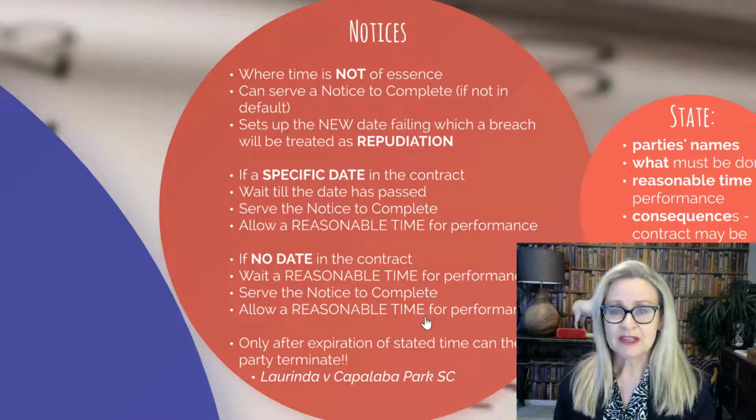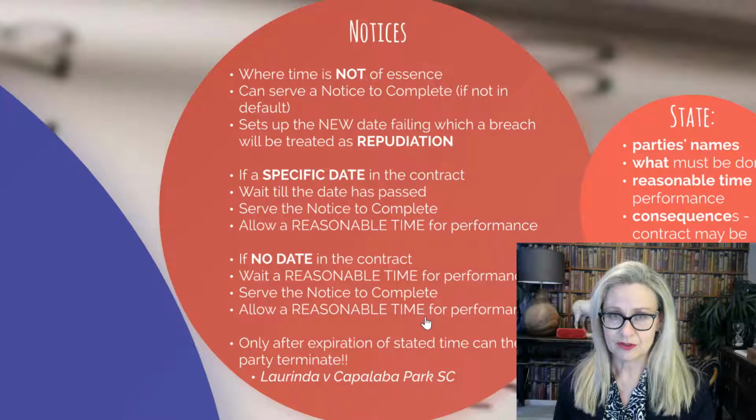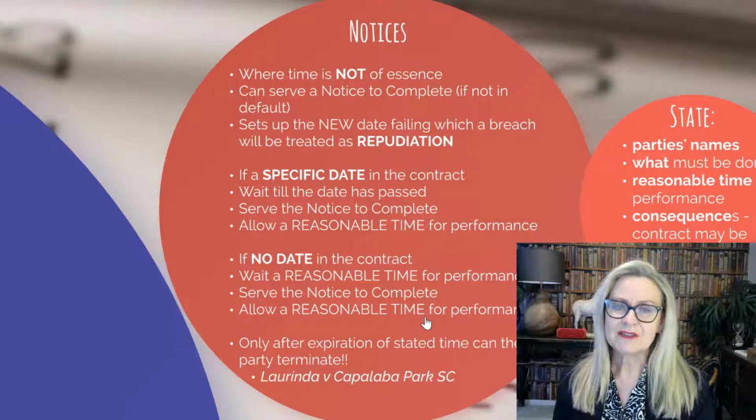If there is a specific date in the contract for performance of this item, you need to wait until that date has passed. Once the date is passed, you can go ahead and serve the notice to complete. You have to allow a reasonable time for performance. If there's no date in the contract, then you have to wait a reasonable time for performance, and only once that reasonable time has elapsed can you serve your notice to complete.